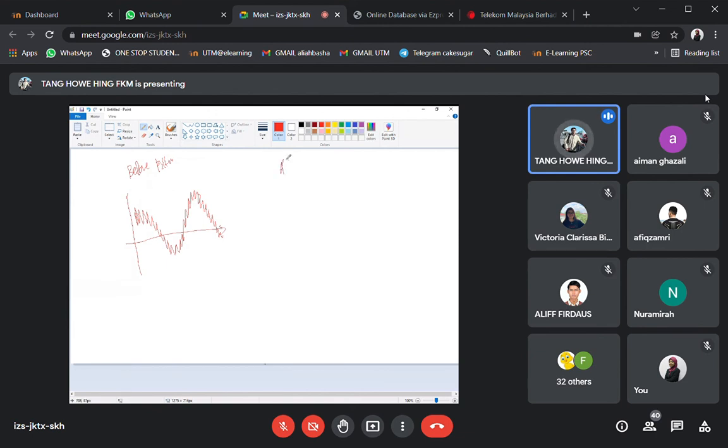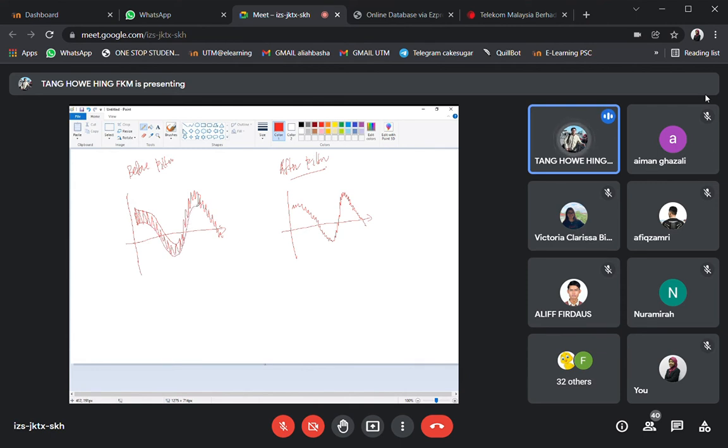And after filters, you are getting a graph that looks something like this. All right. So you can see that basically before filters, the amplitude over here is bigger.